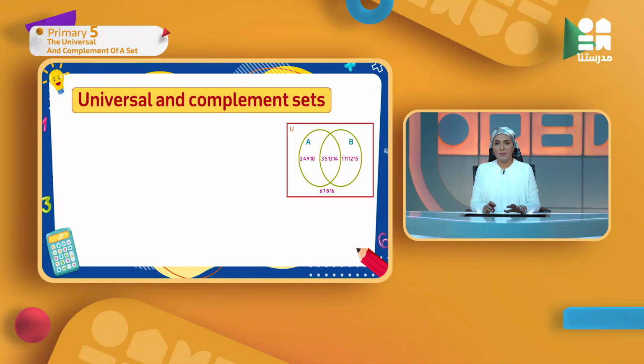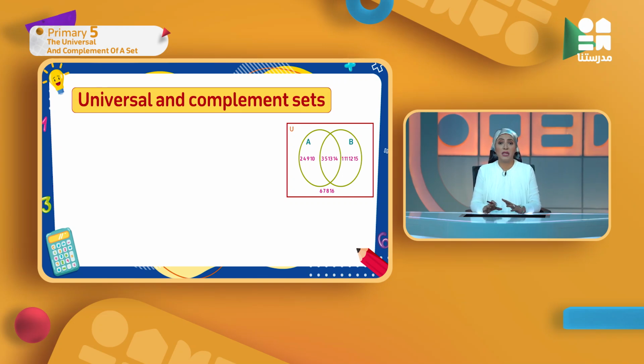For example, the diagram that we see in front of us is a diagram of two intersecting sets, set A and set B. But this time, notice that the two sets, the Venn diagram of the two intersecting circles, are inside a box, and at the top left-hand side of this box you can see the letter U, or the symbol U. This is the symbol that represents the universal of a set, and the universal set is the mother of all sets.